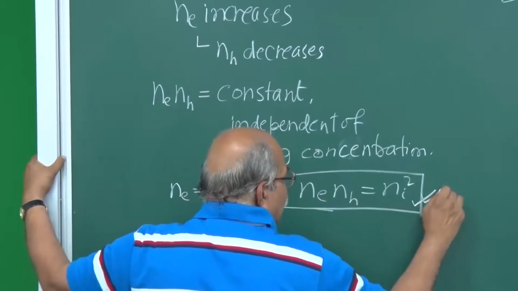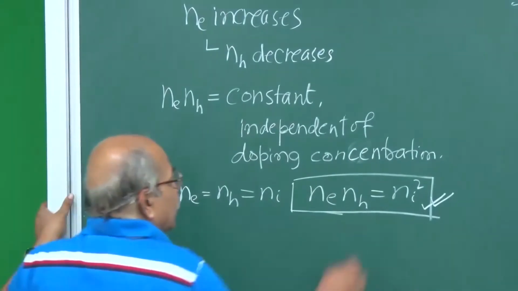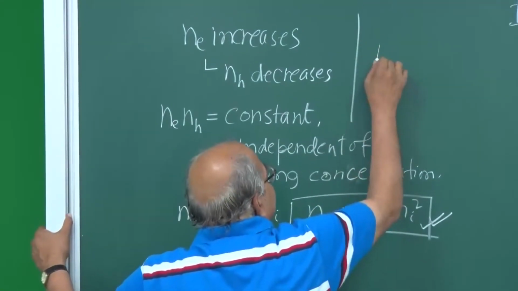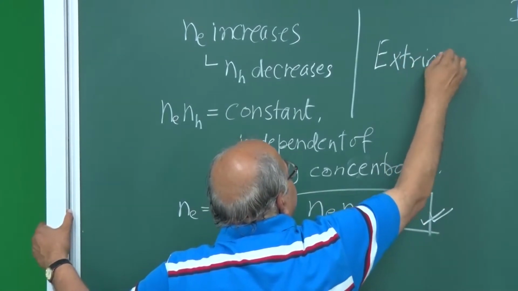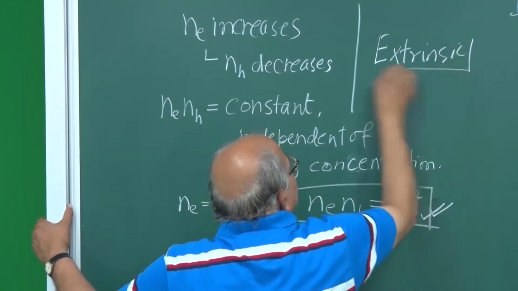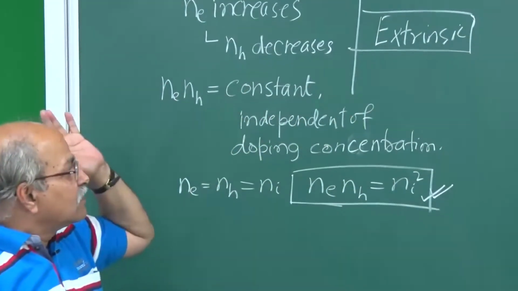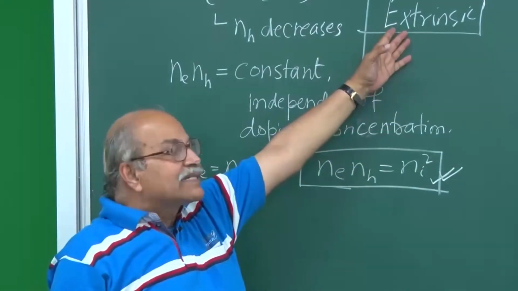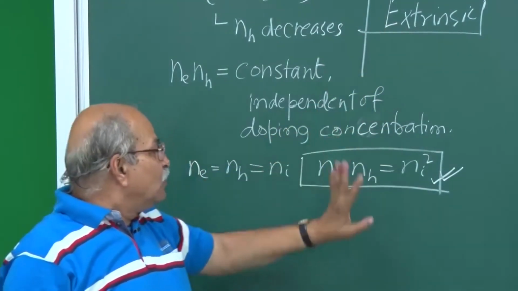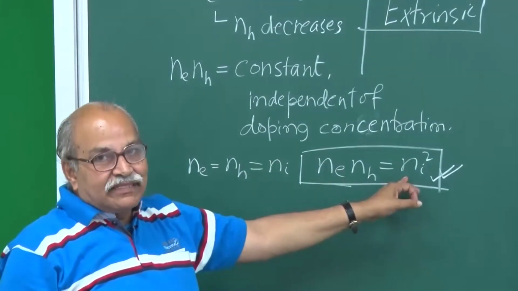This relation still holds for intrinsic or extrinsic. Okay, this is another word, extrinsic. You have intrinsic and extrinsic. When you are doping from the external world, you are putting in impurities, that becomes extrinsic. So intrinsic or extrinsic, this relation remains the same.